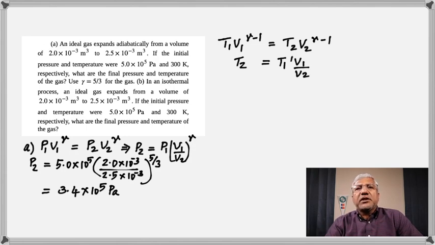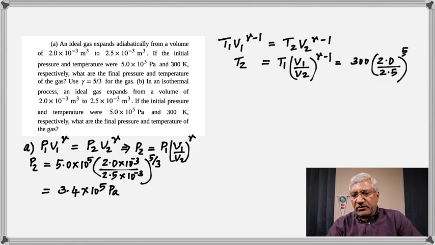Just pause the video if you think I'm moving too fast and then see what I've done. It's just algebra. But make sure you study this, okay? So when you do that, you get the final temperature. Okay, and you get 259 Kelvin.